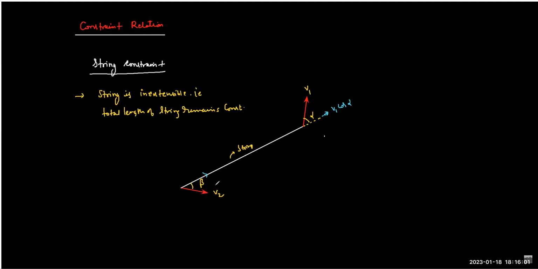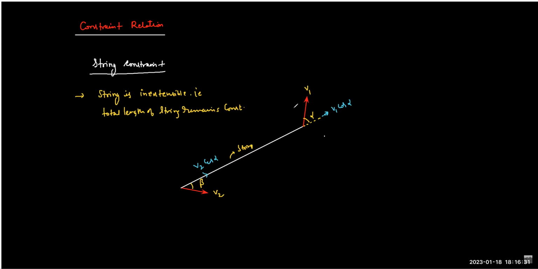So v1 cos alpha and v2 cos beta will try to either stretch the string or loosen the string. There are two possibilities. But the first condition is that you have to keep the string always taut. And to keep the string always taut, the length must be conserved. The length should not decrease or increase because we have the fixed length.